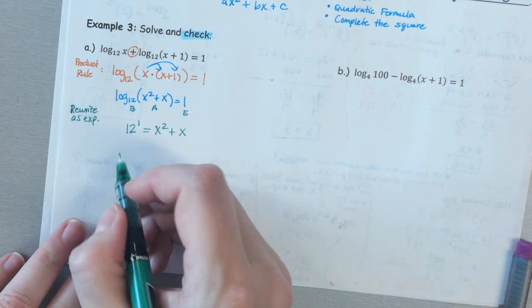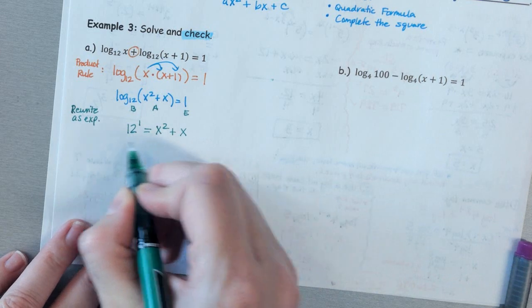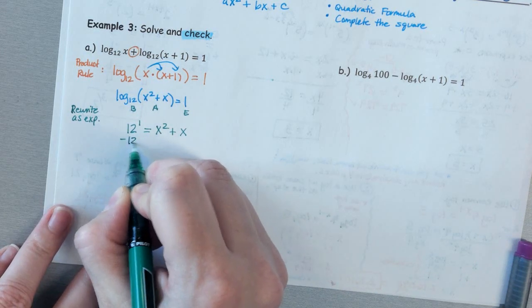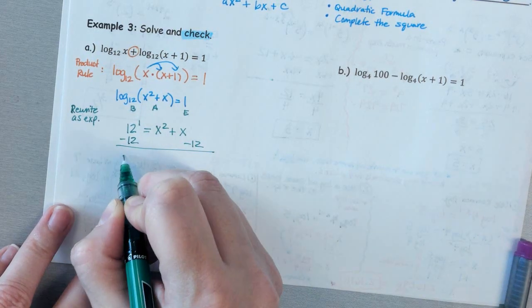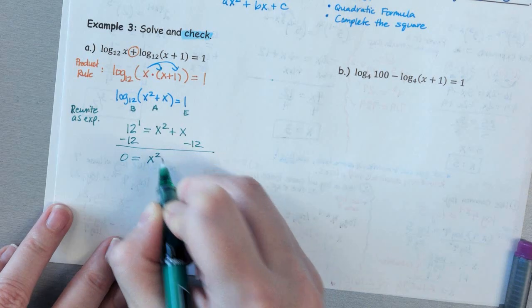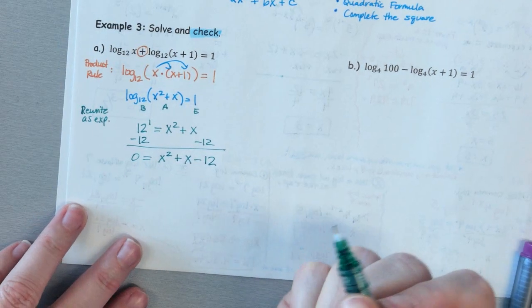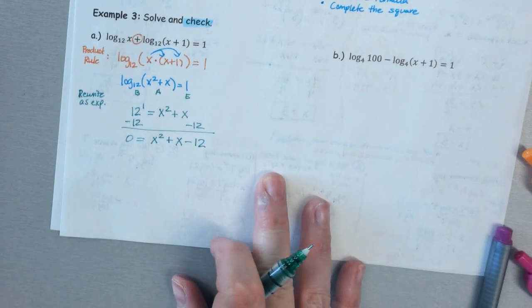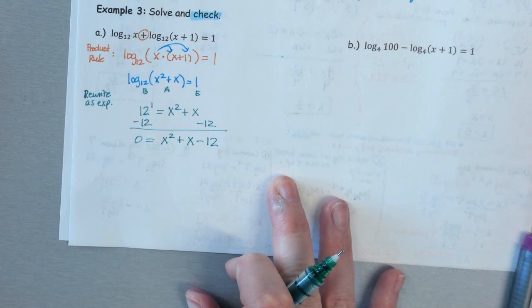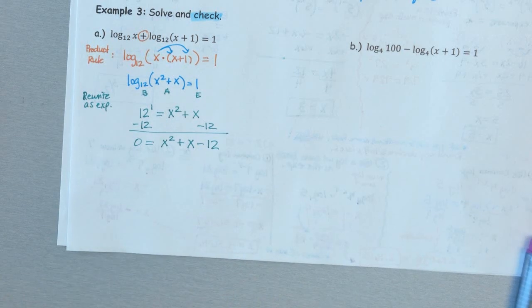If I want it equal to 0, what do I have to do with this guy? Yeah, move the 12 over. So I have 0 equals. Some of you right now are saying that's what I thought. You should have said it out loud.